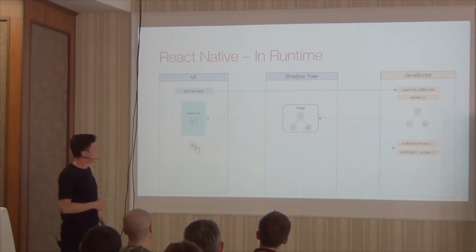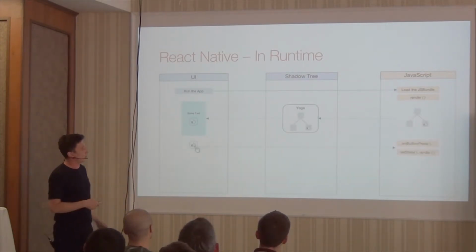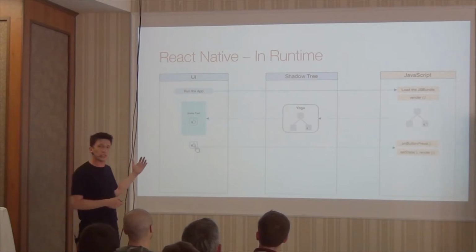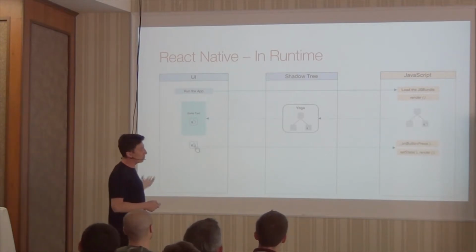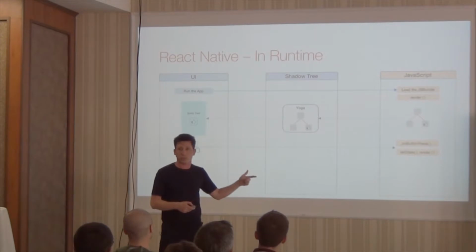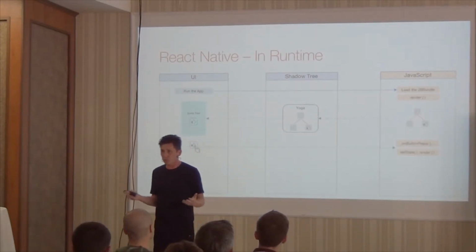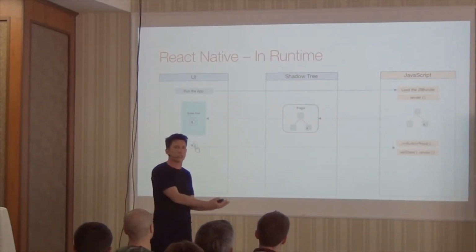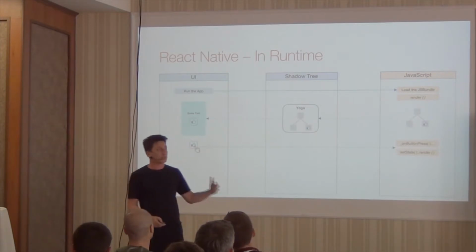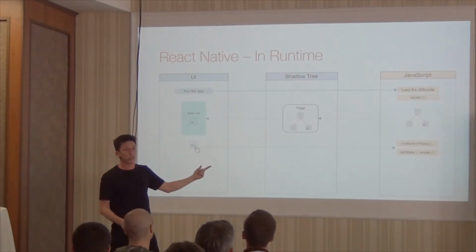As the user clicks the button, the touch event happens on the native side, and we will send this event to the JavaScript because we need to know what to do with this click. Our business logic is on the JavaScript side. On the JavaScript side, onPress of the button will be invoked.